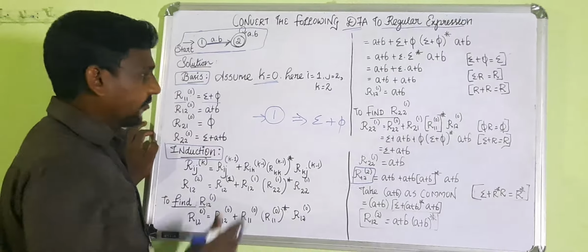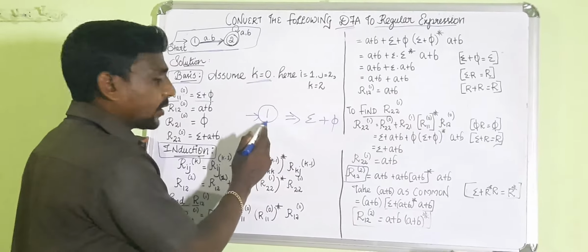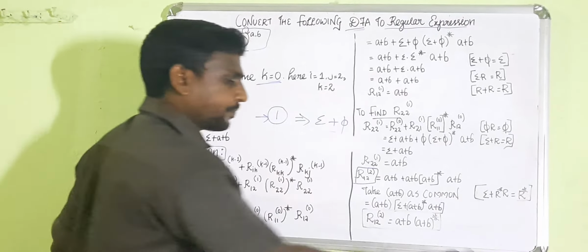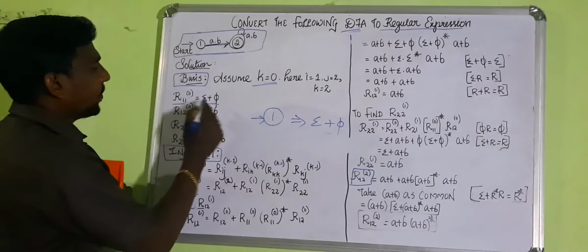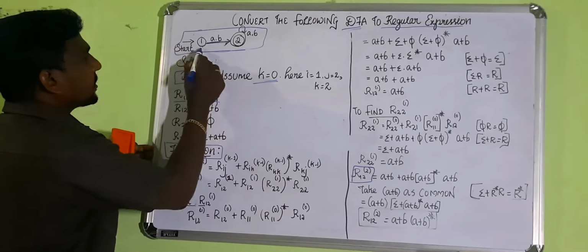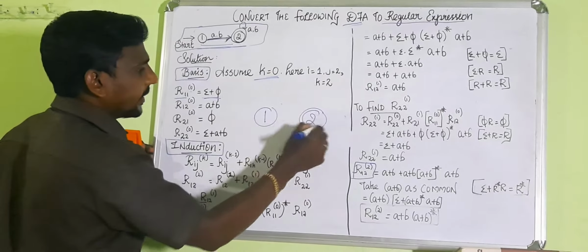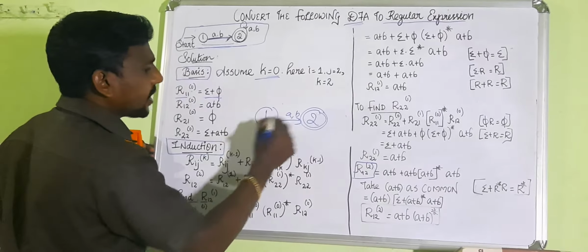Clear? Epsilon plus pi. If you see the previous video, the rule theorem, you may find it. If the automata is like this, what is the regular expression? That's what I have written, epsilon plus pi. Now R12: 1 2 means we will consider this and this. In this diagram, between 1 and 2 we have A B. This is R12.